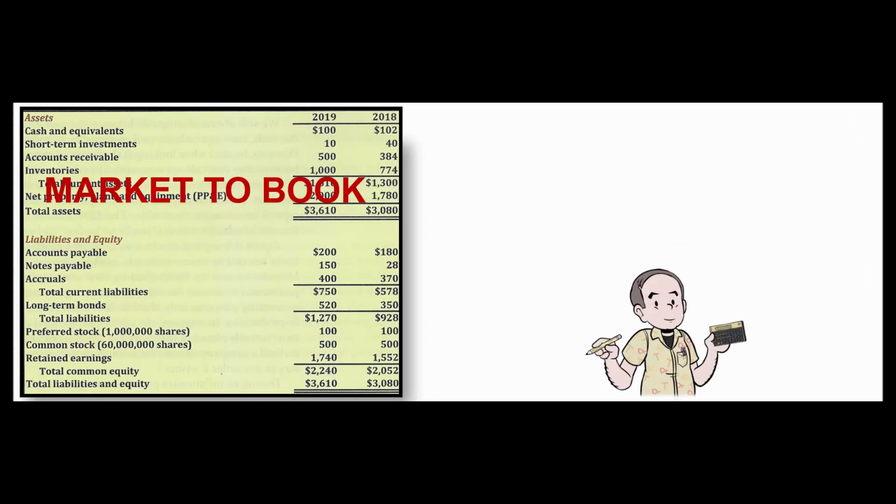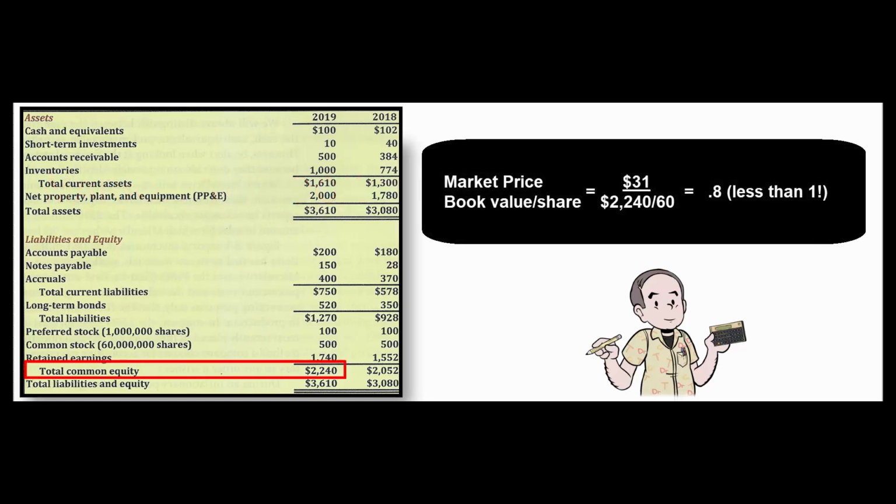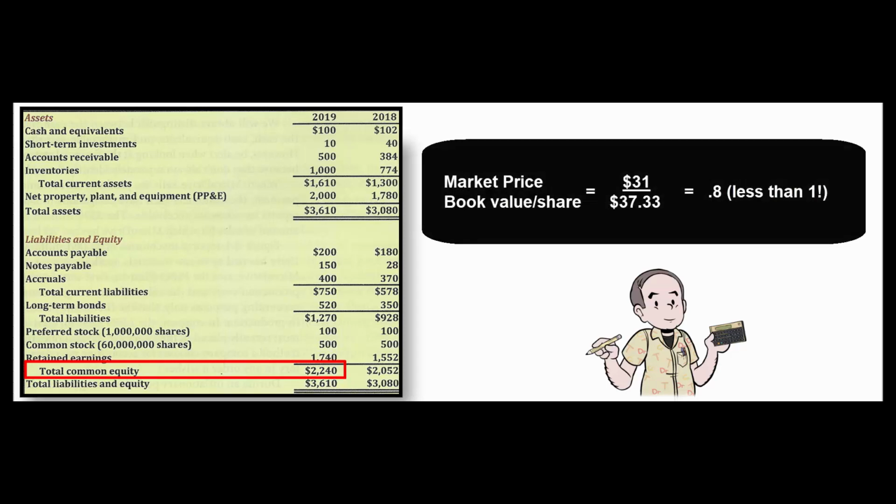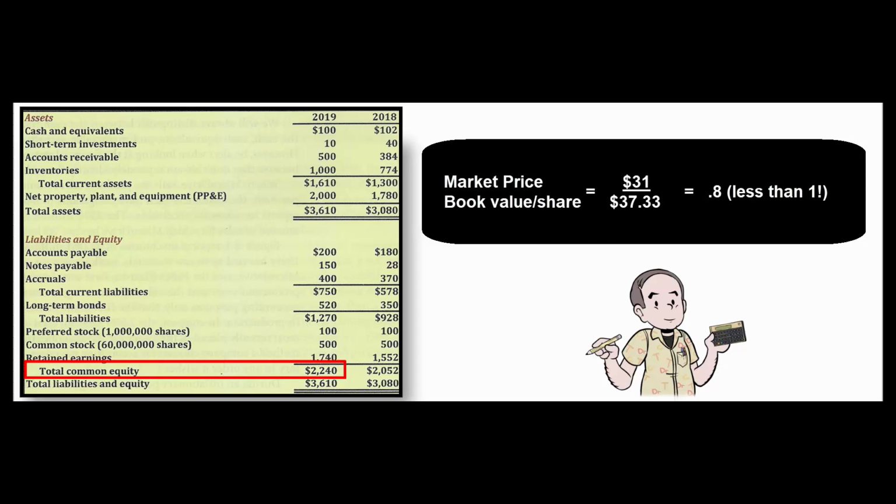Or we might look at the market value per share to book value per share. Well, the book value per share for this company is 2240 divided by 60 million, or $37.33 per share. So if you think about it, if the assets are on the books for what they're worth, which is not exactly true, if we sold all our assets and paid off all our bills, we'd be left with $37.33 per share, yet the stock is only trading for $31.